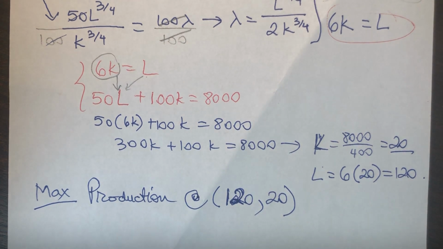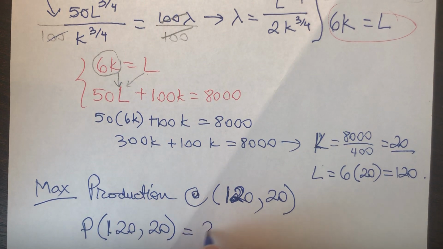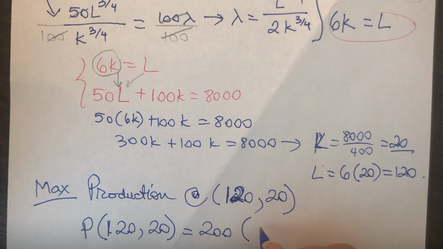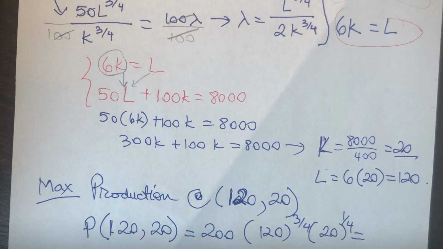Okay, so what is that production? So remember, our Cobb-Douglas function, if I take back that paper, was 200 L to the 3/4 K to the 1/4. So put that in your calculator. I hope I have a number for that.